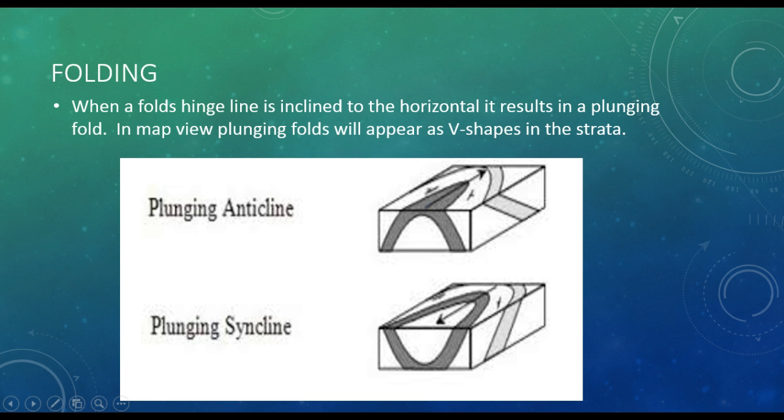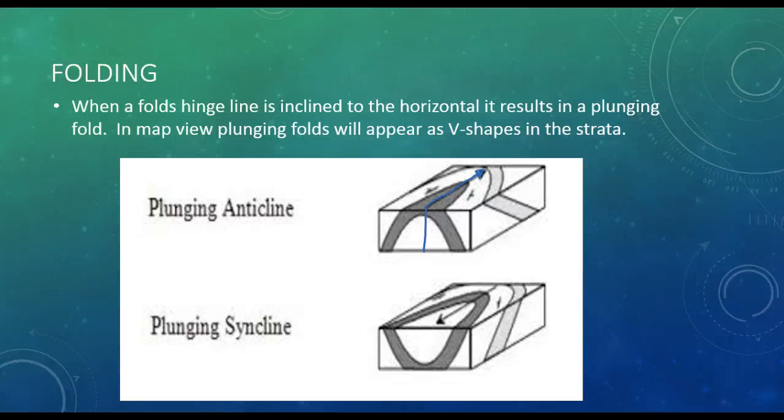If we draw in our axial plane, here in blue, we've now split this fold in half. Now, there are two ways to identify in this image that this is a plunging anticline. We can already see the V shape. This tells us it is a fold that's plunging, but we still need to determine whether it's an anticline or a syncline.